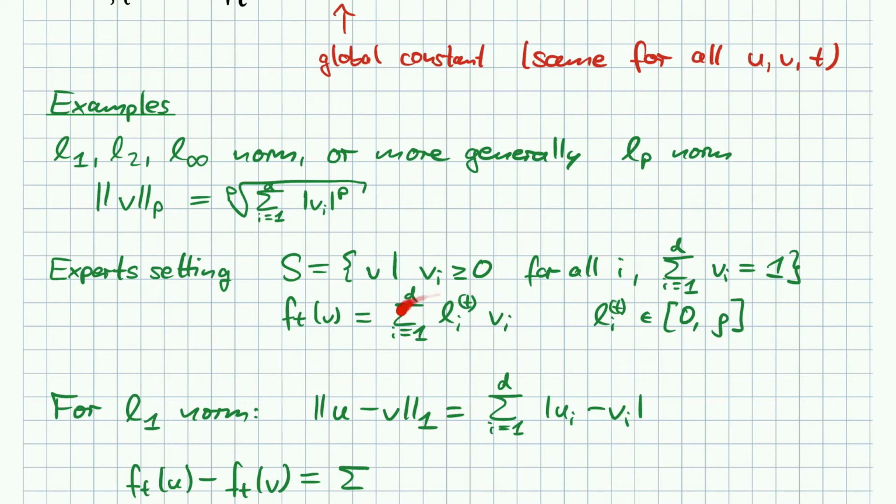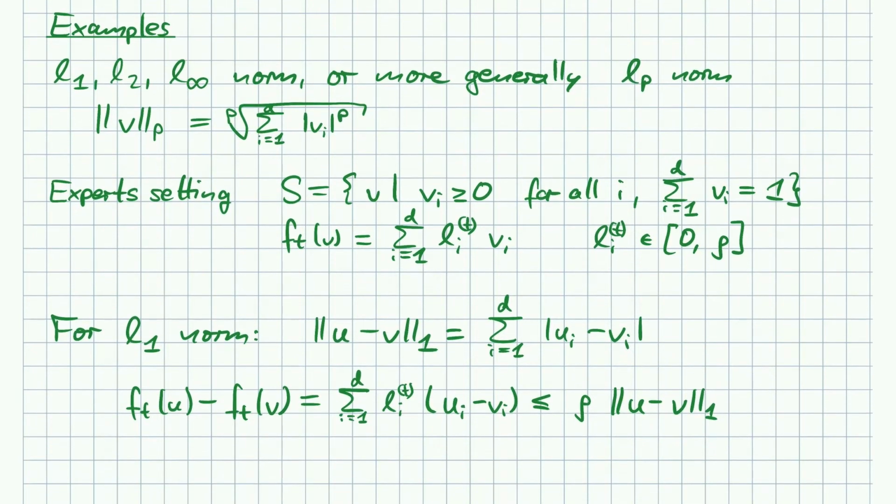Let's plug in the definition of the respective function. So we'll get some lit times ui minus vi, and this is clearly now upper bounded by rho times the norm of u minus v. And by that I mean the L1 norm. So we could choose L to be equal to rho.